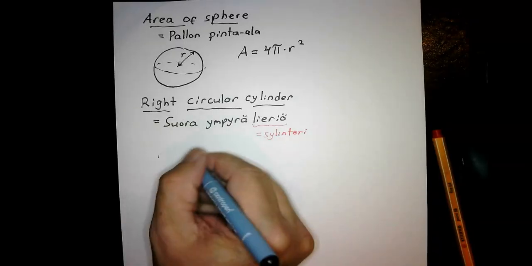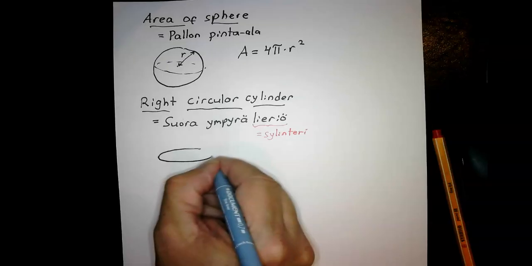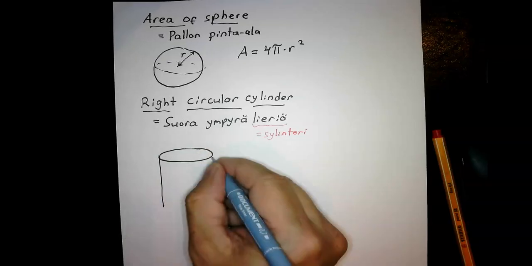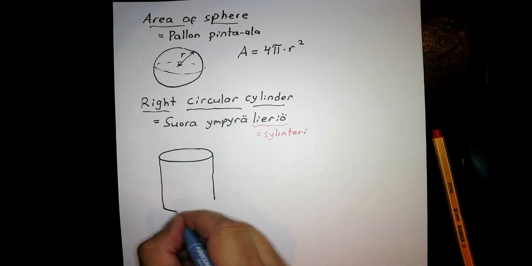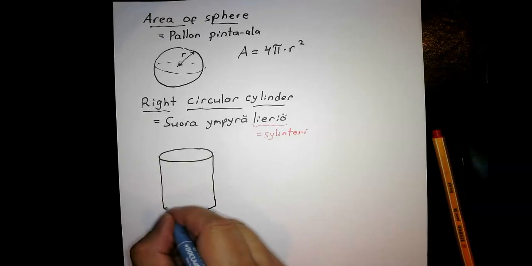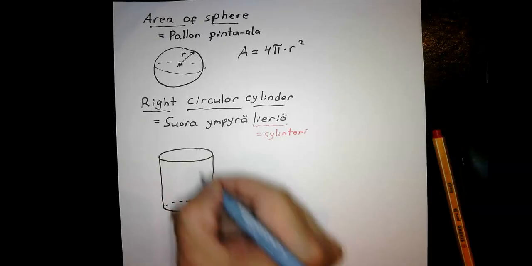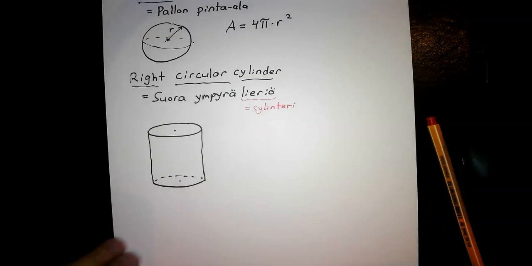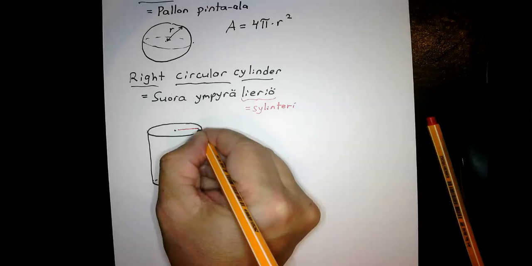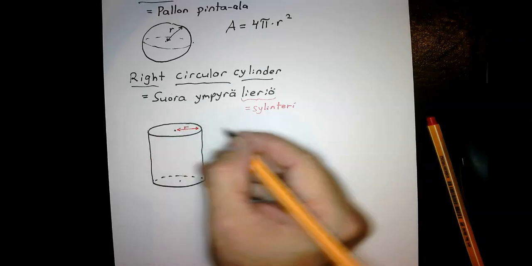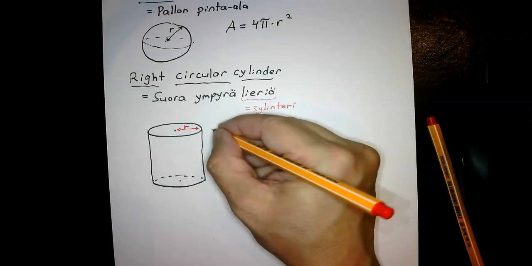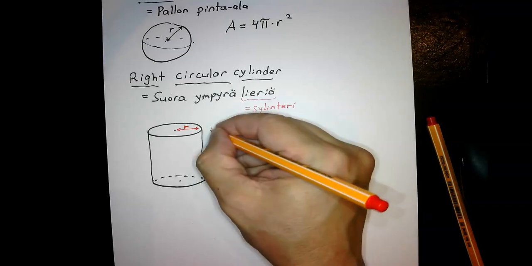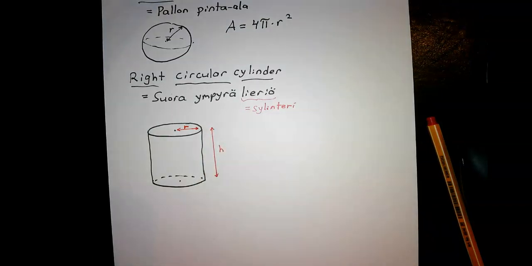So we have this kind of figure here. So here, this is R, and this is H.